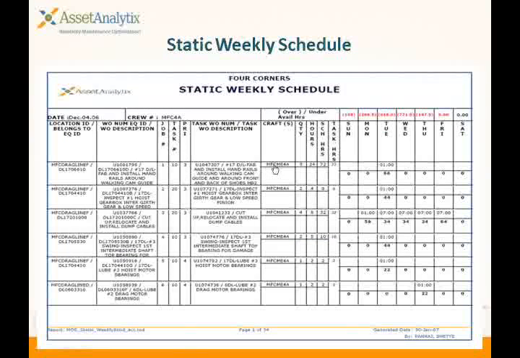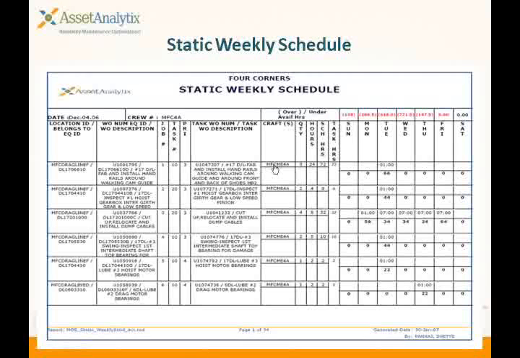This is another example of a static weekly schedule. This could be predefined. Sometimes a similar version of this can be for a monthly schedule or a quarterly schedule, and some of these can be posted near the actual asset itself, and this allows for any kind of work that may happen on that particular asset.